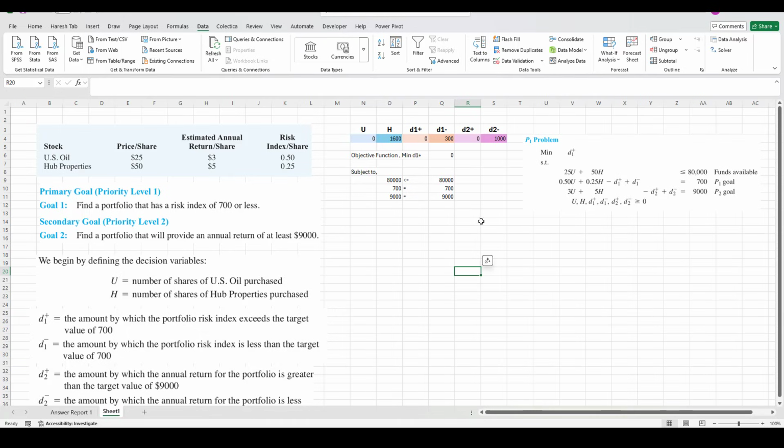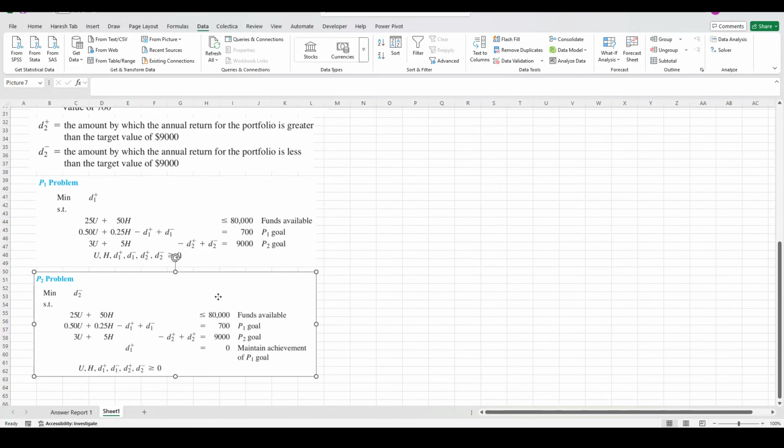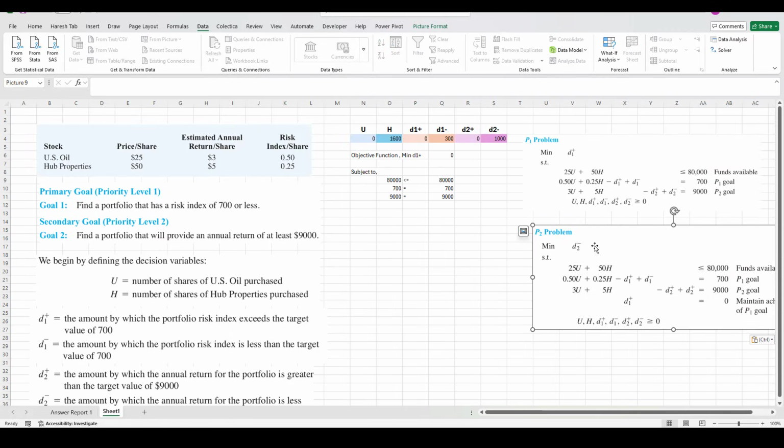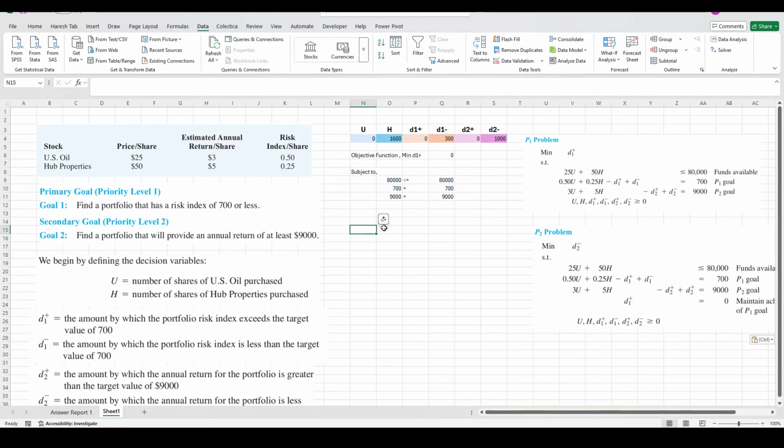So now I will do the setup for the P2 problem. Okay, so for that let me just copy this. See here, I'm just putting it here, and here I'm going to now put the P2 problem, which is actually this same problem.